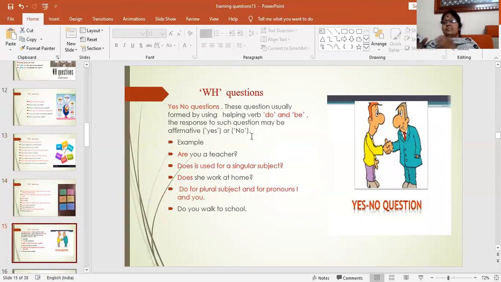Now the next type of question that we ask is yes/no questions. These questions are usually formed by using helping verbs do and be, right?